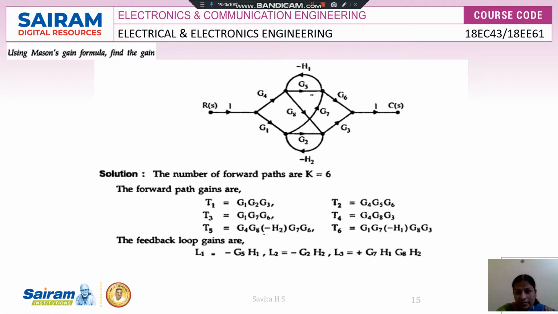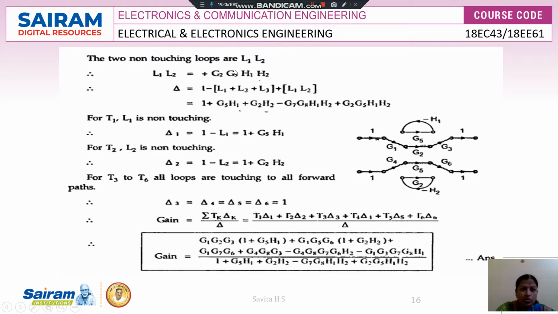You can see it going up like this, then again going G7, minus H1, G8, G3 and at the end. So this is the number of forward paths we get. The loop gains are L1 equals minus G5 H1, L2 is equal to minus G2 H2, L3 is equal to G7 H1, G8 H2. For two non-touching loops, I get only L1 and L2, that is G2, G5, H1, H2.